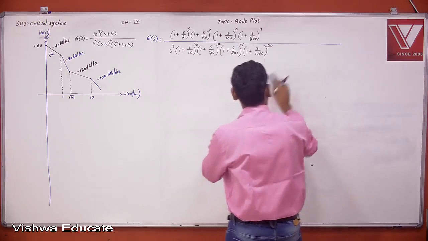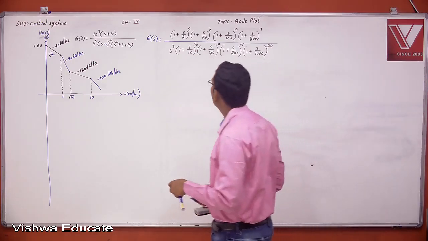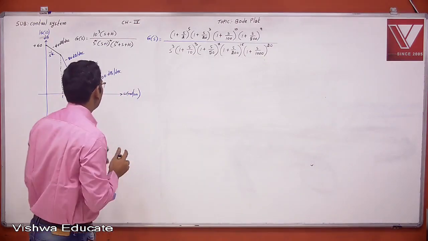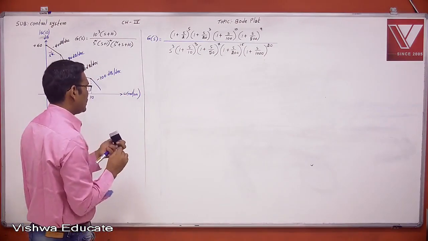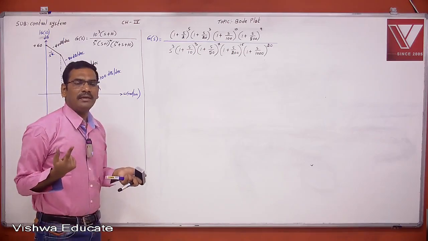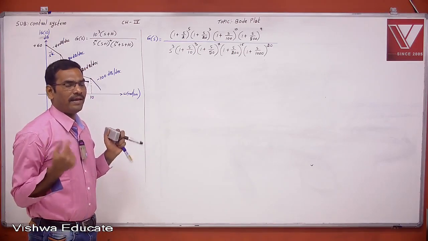This is the transfer function which is given to you, and he is asking three questions. Now you tell me without drawing the Bode plot, within a fraction of seconds, you want to tell me the answer.